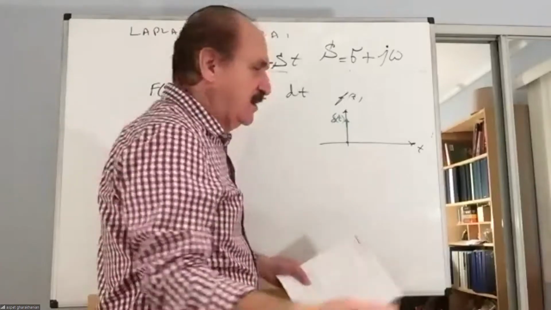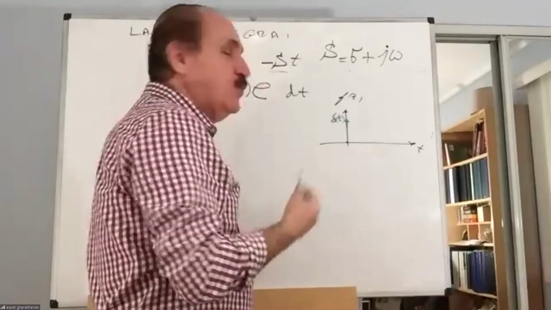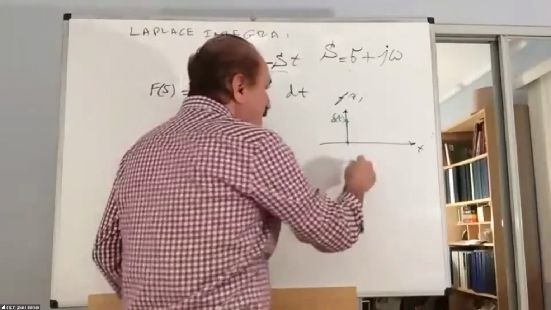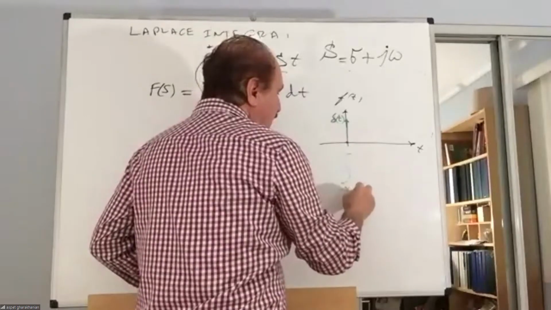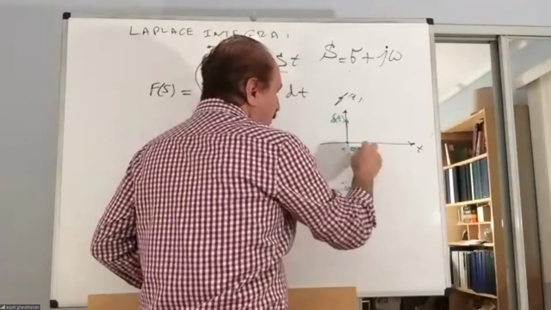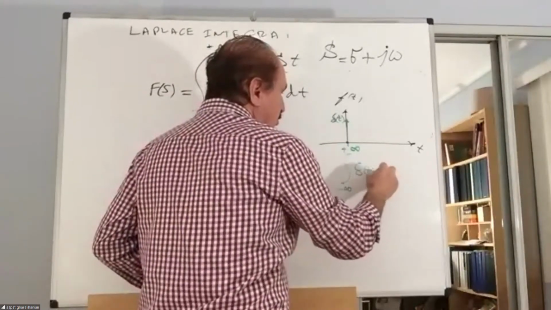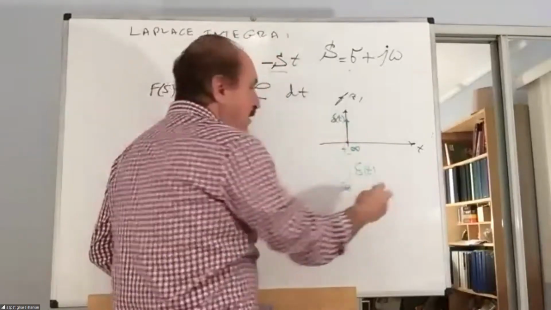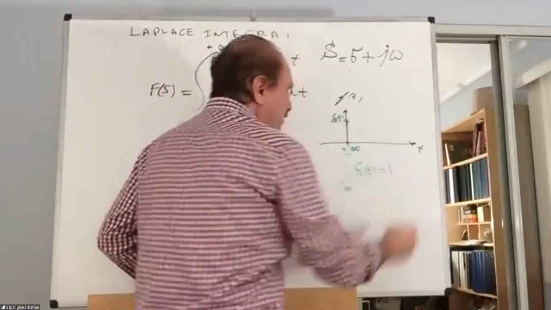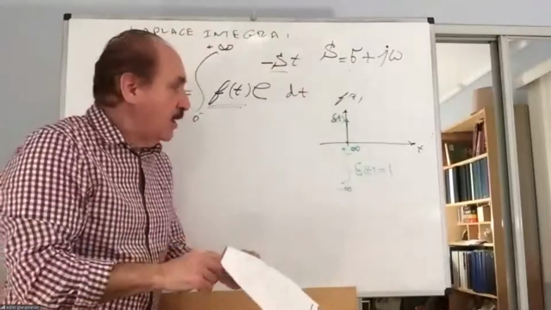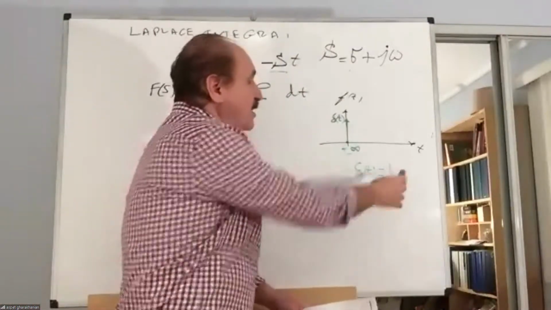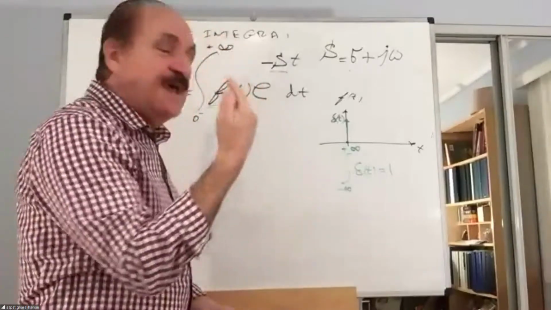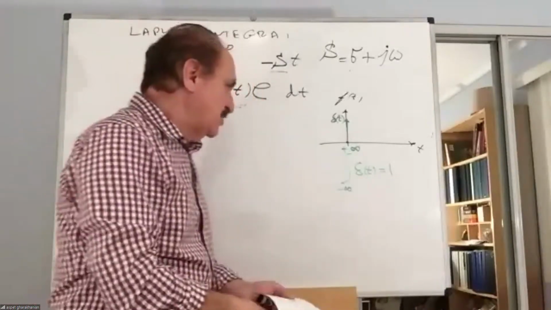It's not undecided. But it has one important property, that the integral between minus infinity to plus infinity of delta t, which is the area of that pulse, is 1. This is the definition of the impulse. It satisfies that the area is equal to 1. And that will be 1 unit of impulse.